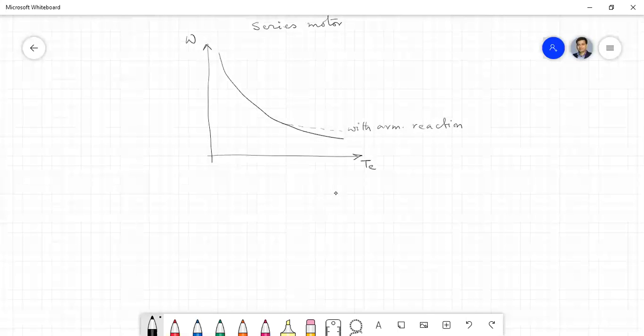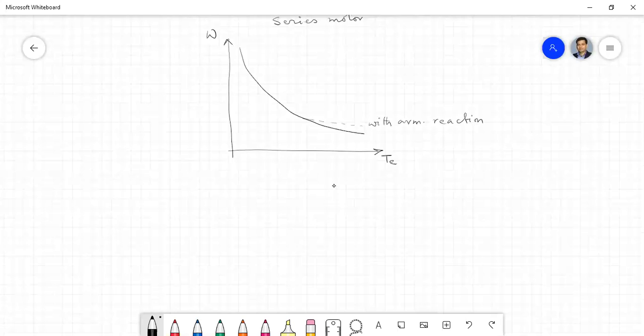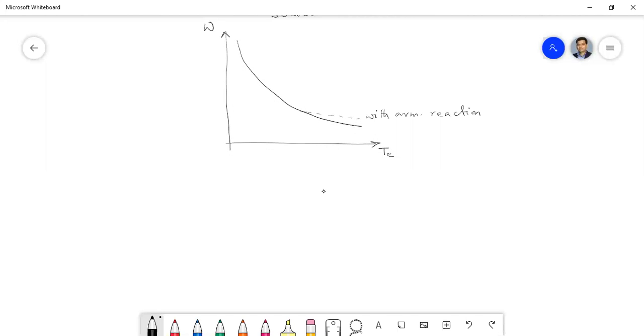Now the next question that we have is where we should consider the core loss. If we want to consider the core loss, this VTIL is the actual input power. From this we subtract I squared RA, which is the copper loss.